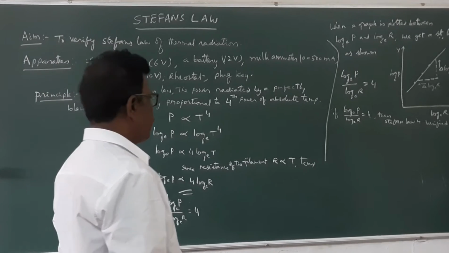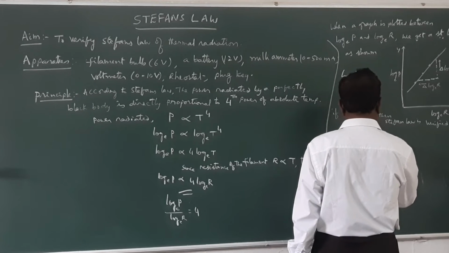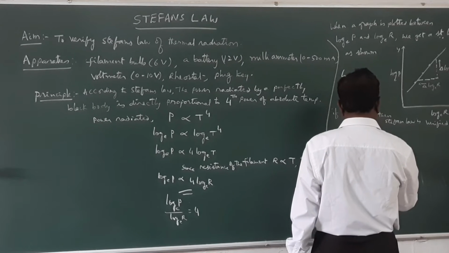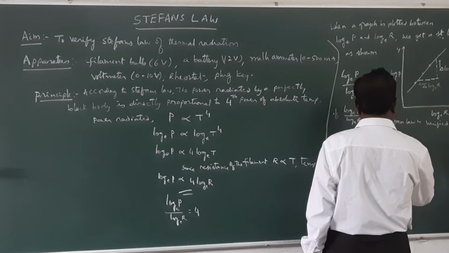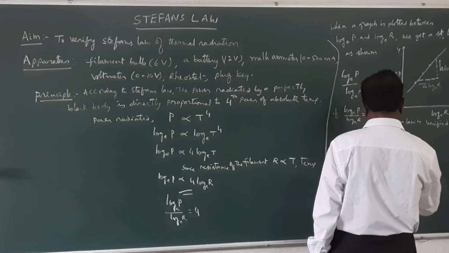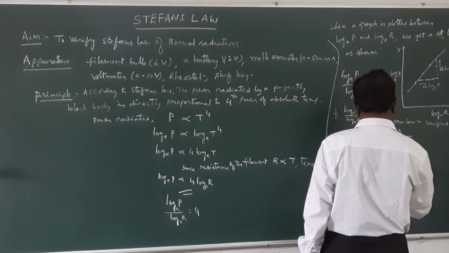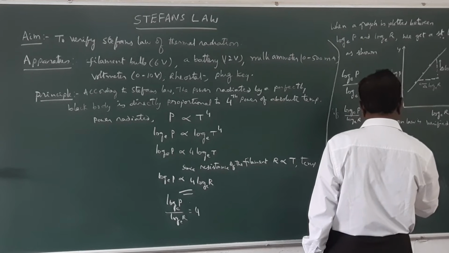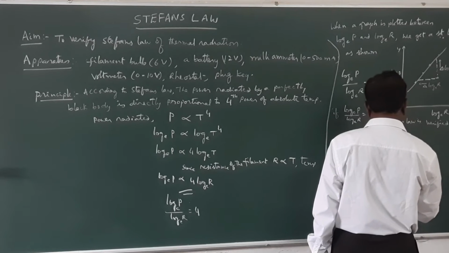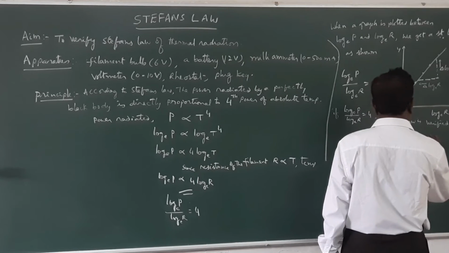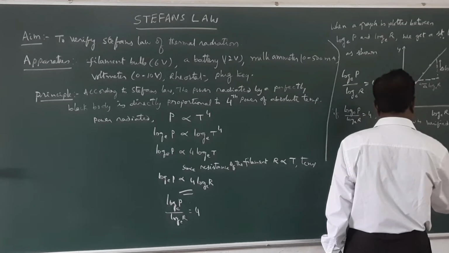The circuit diagram we use for this experiment is this: this is a source, say milliammeter, plug key, rheostat, and this is connected to the bulb.